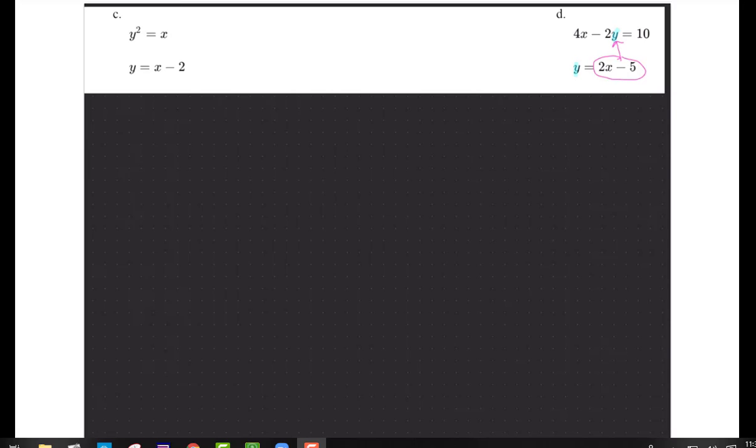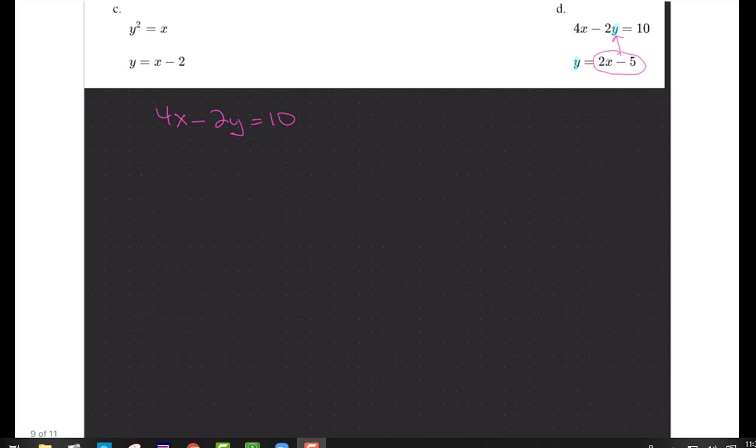So we originally started with 4x minus 2y equals 10. But we're going to make that substitution into the y, so everything else is going to stay the same. So we still got our 4x minus our 2. The only thing we're changing is the y. So I'm going to throw my y in parentheses, which is 2x minus 5.